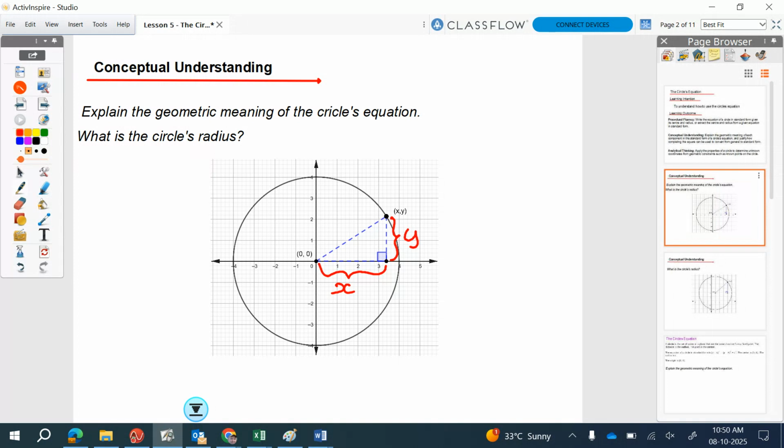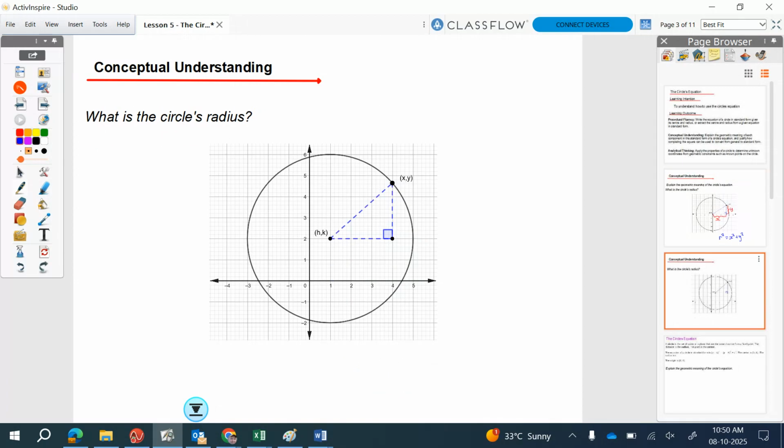Now, no matter how big the circle is, and where we've got that point, it's still going to have one side being x long, the other one being y long. So, how big is the radius of the circle? We can say that r squared is going to equal x squared plus y squared. And this would be the relationship between the different sides based on Pythagoras' theorem.